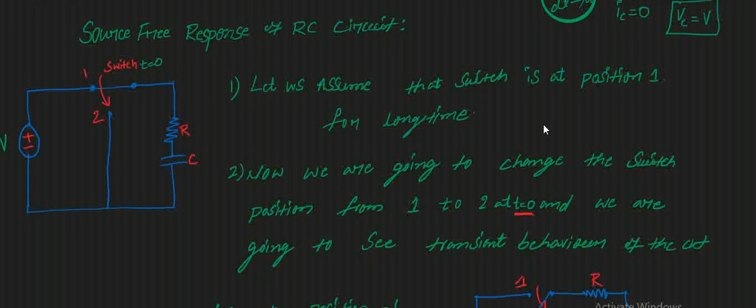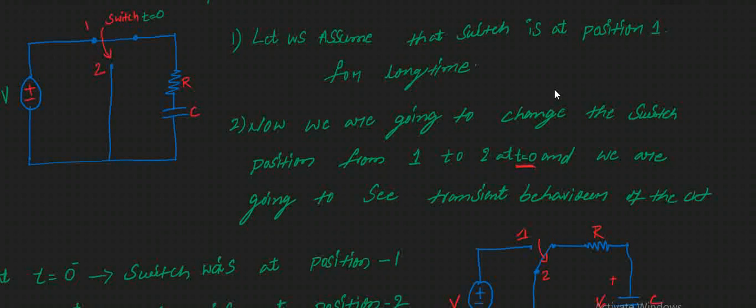Whenever the switch moves from 1 to 2, the capacitor starts discharging. In what way it discharges, whether it discharges linearly through the resistor or exponentially, we are going to see in this session.